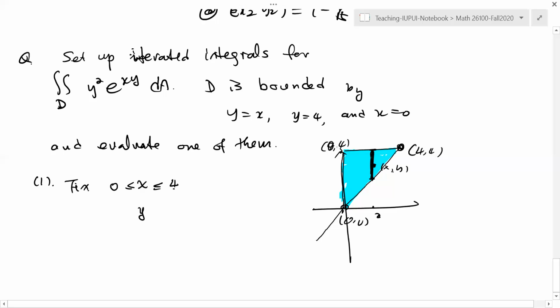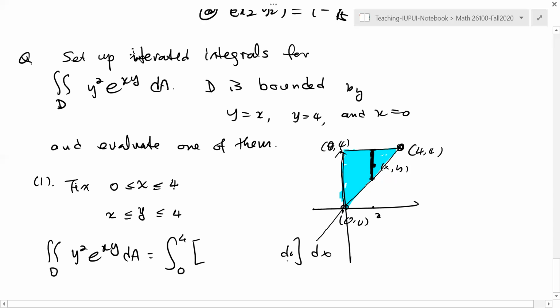When x is fixed, clearly the upper bound for y is 4. The lower bound depends on x, just x. So using that, this double integral is going to be, first of all, from 0 to 4 dx, then dy from x to 4, of y squared e to the x times y, okay?